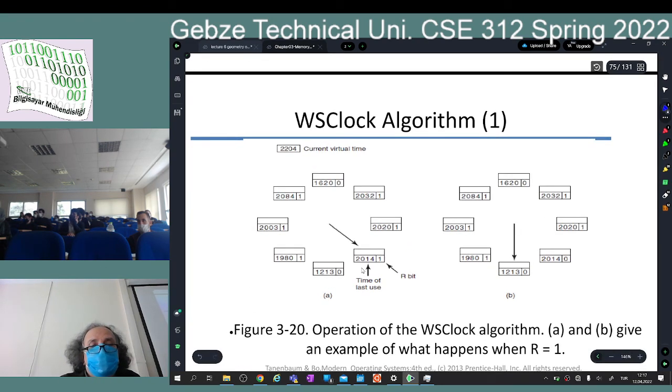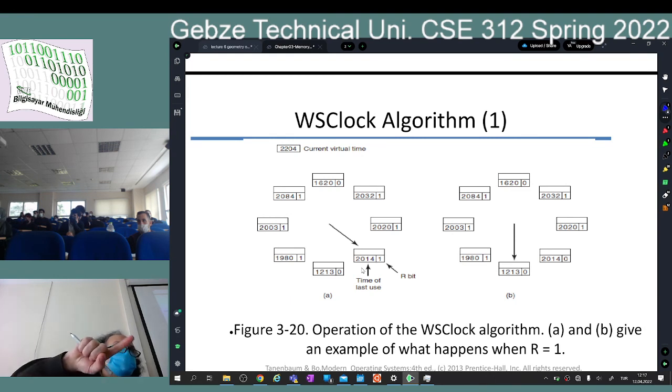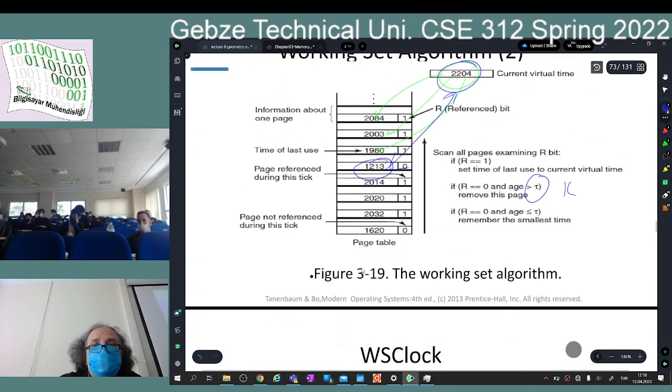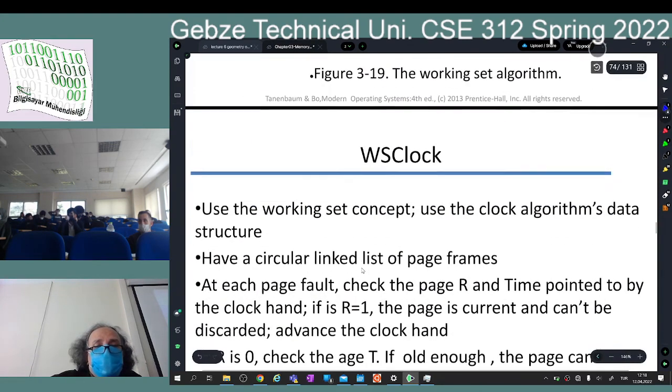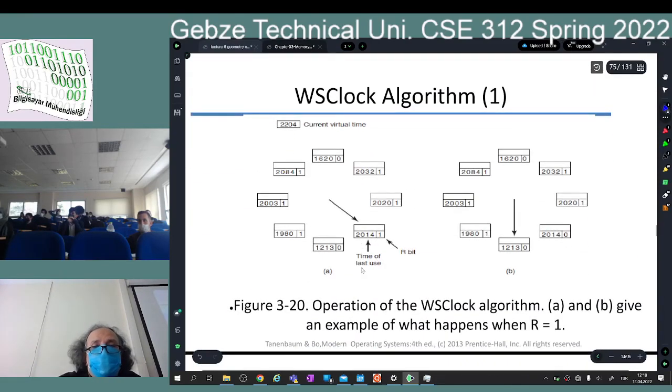Like the clock algorithm, we have a pointer that points to a page. This algorithm works on all the pages on the page table, and the clock algorithm will make the decision of which pages to remove.